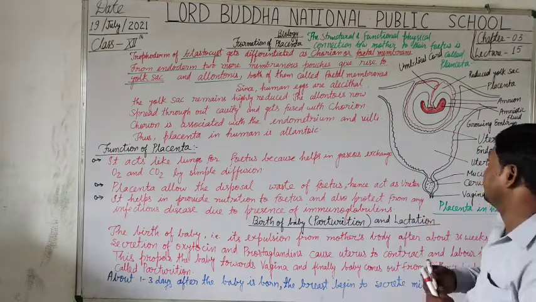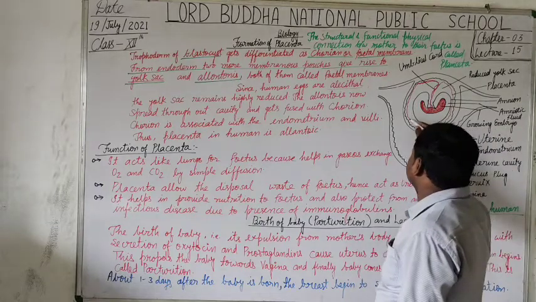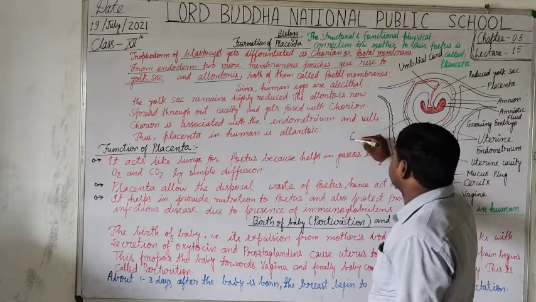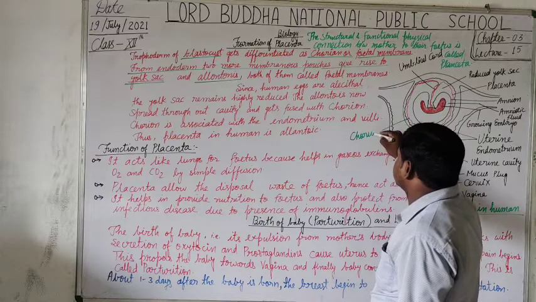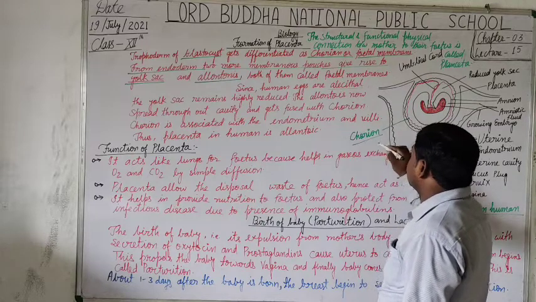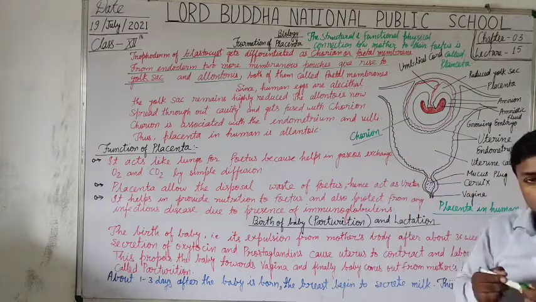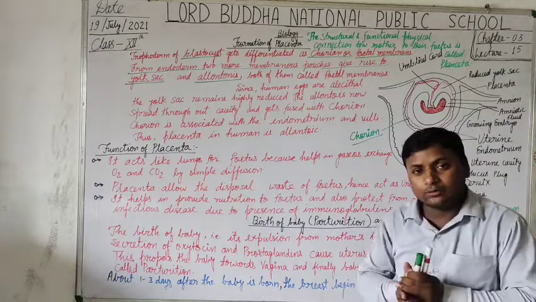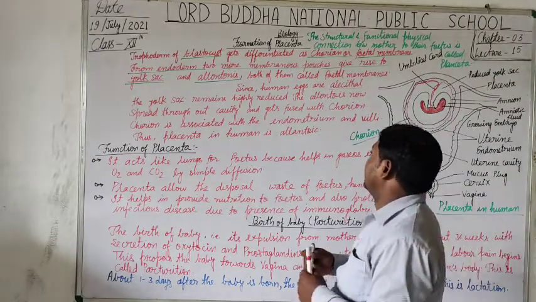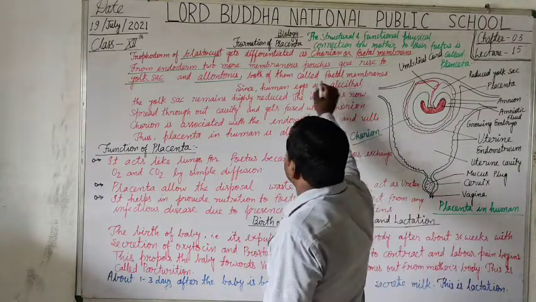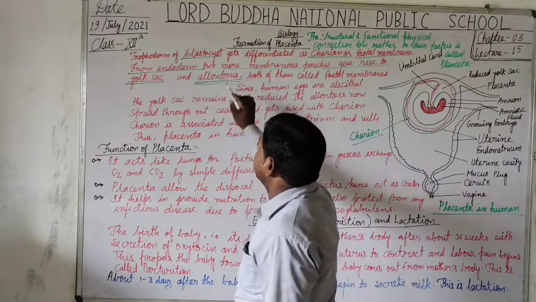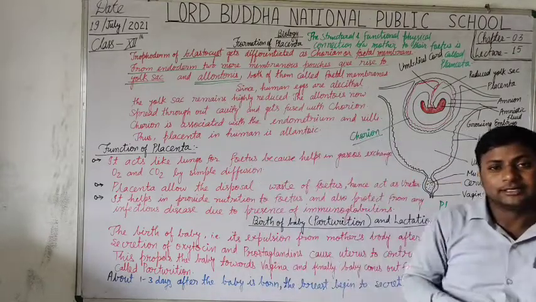These chorionic villi collectively form the membrane that is called allantoic. Is that clear?